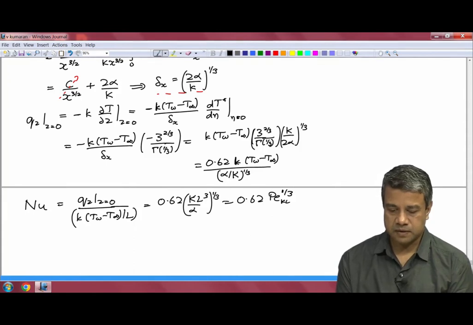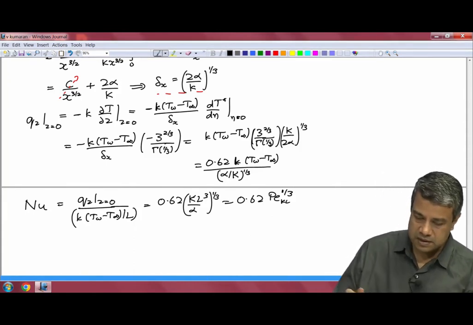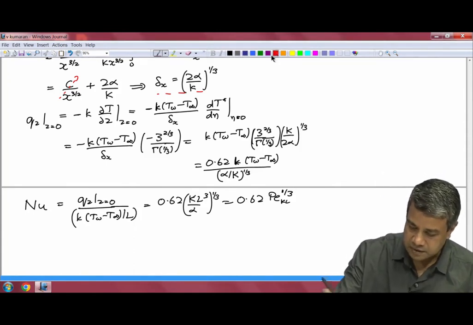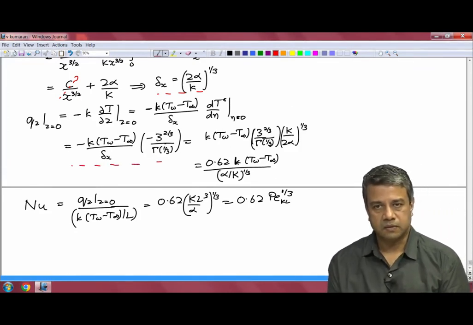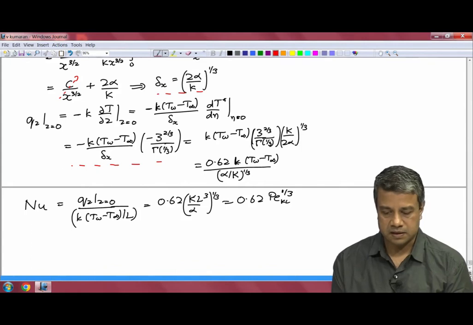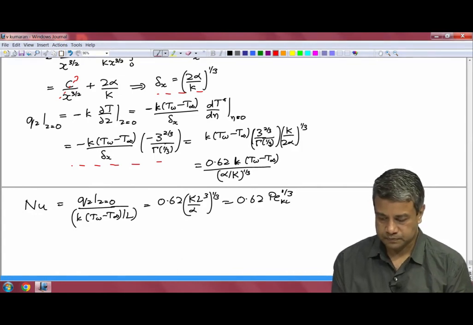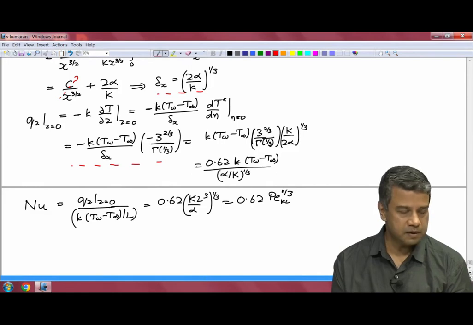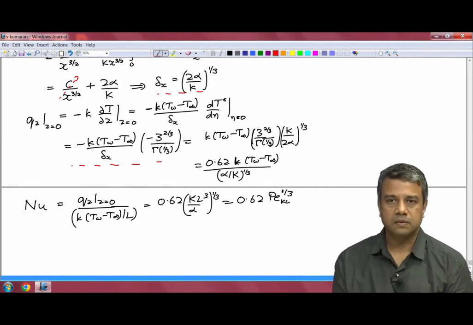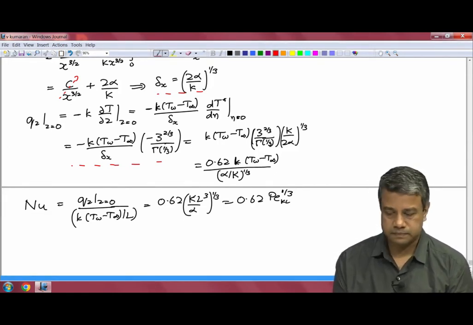Using that expression for the boundary layer thickness, we can find the heat flux at the surface, because we know dT star by d eta at the surface. We can find the average heat flux, and then the correlation for the heat transfer. And in all cases, it will be a constant times Peclet number power 1/3. That constant will depend upon the configuration.